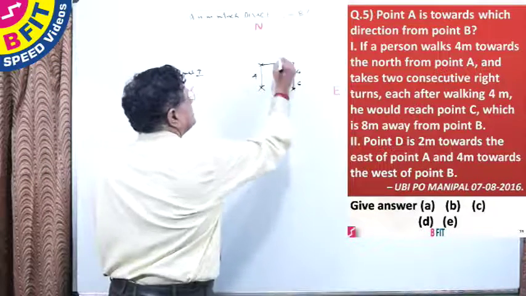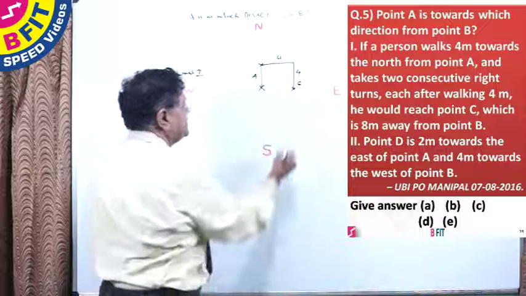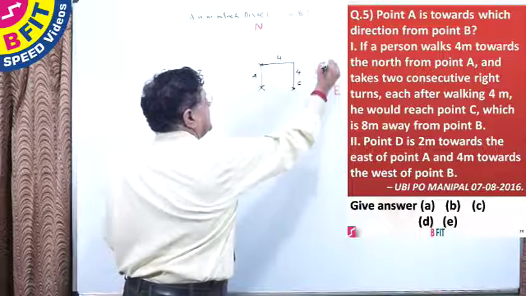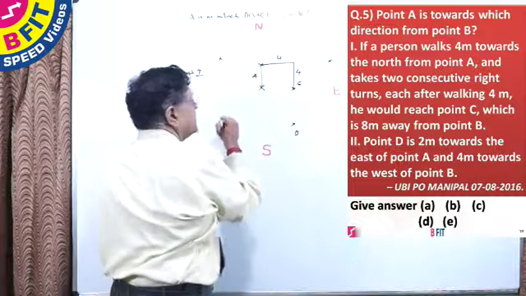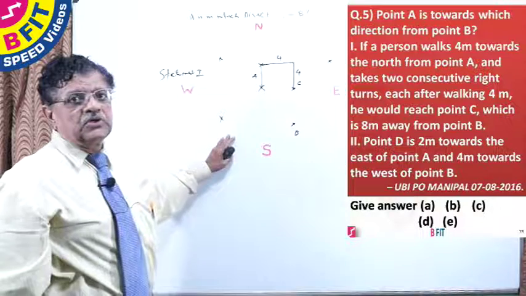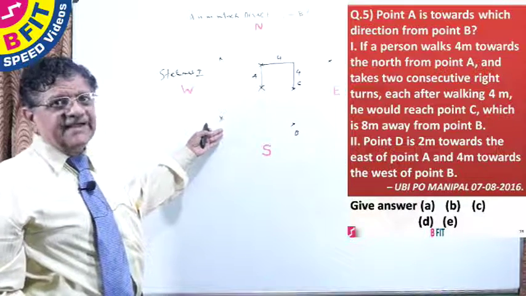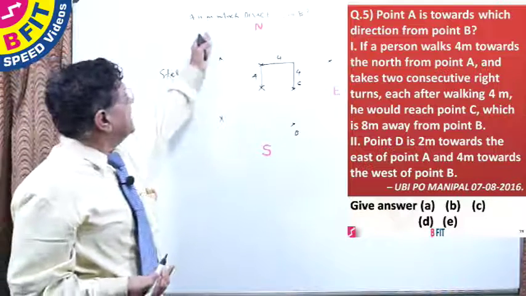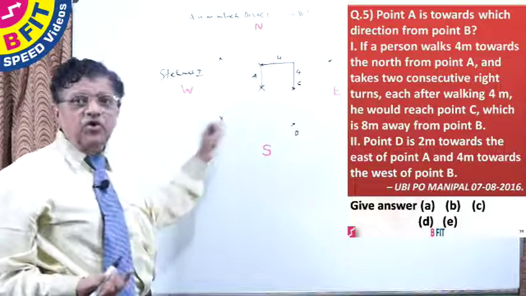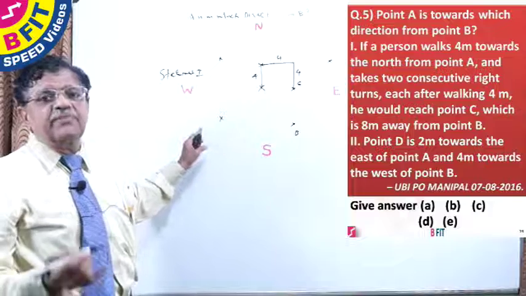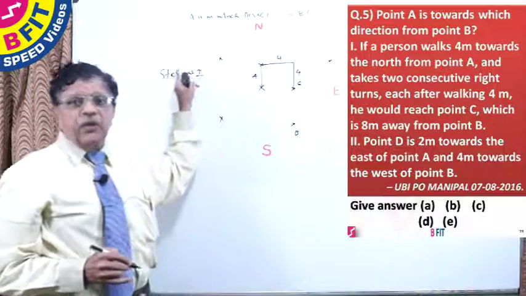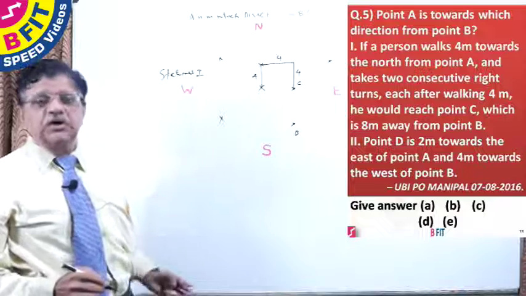It can be here, it can be here, it can be anywhere on the map. So we don't know where exactly B is located. The question is asking A is in which direction from B. When we don't know where B is located, we cannot arrive at the answer, and therefore statement 1 alone is not sufficient to answer the question.